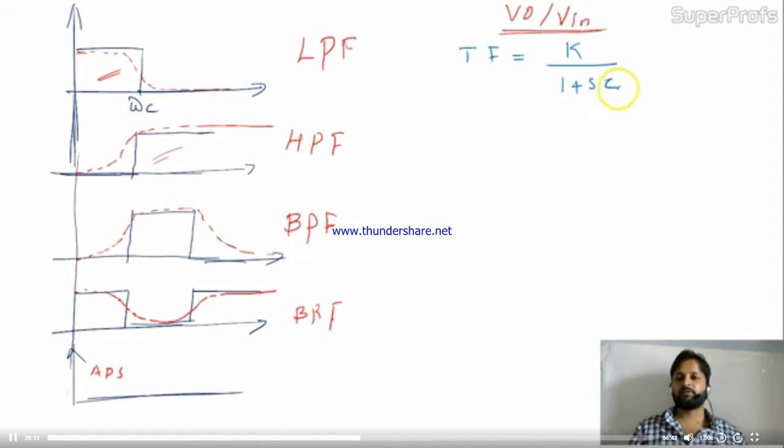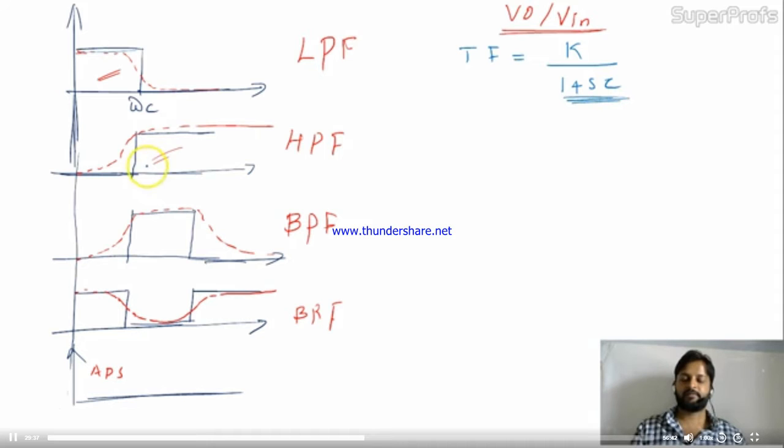If you draw the Bode plot of this transfer function, I think you know this. K is constant and at some value of omega, 1 by tau, minus 1 by tau, we are adding the pole. Pole means it will go down at minus 40 dB decay and will come to the 0 level.